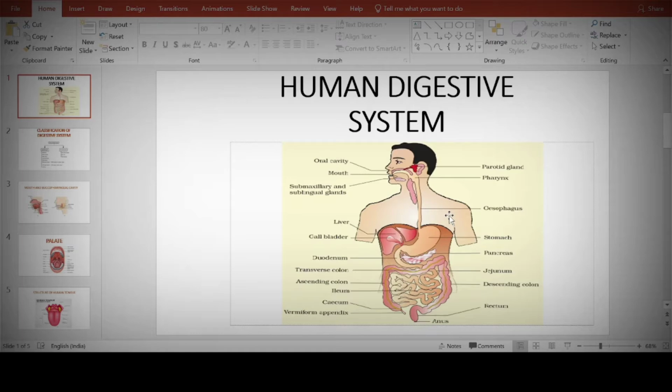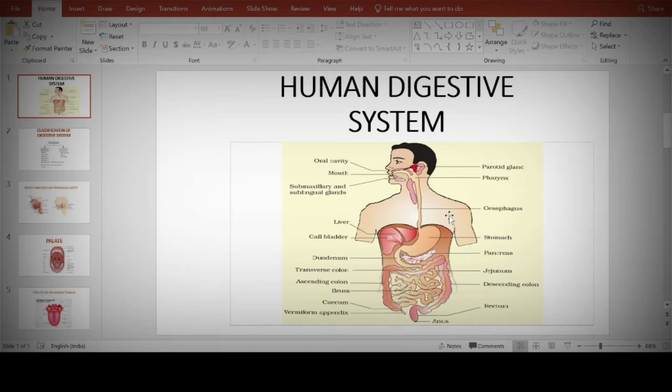So I guess we need a perfect definition of digestion. Digestion is a combination of both mechanical and biochemical methods, and it carries out the conversion of complex food substances into simple and absorbable forms.